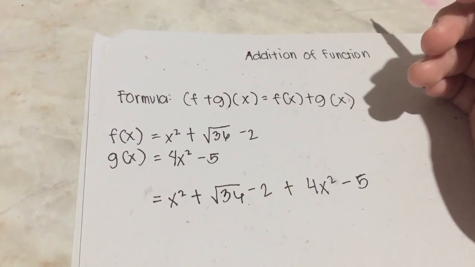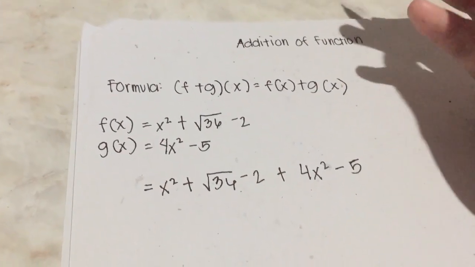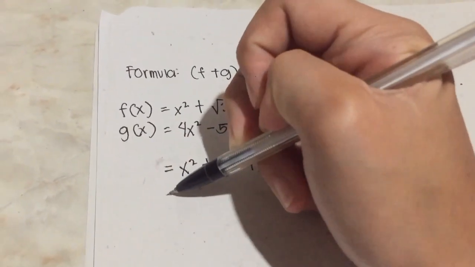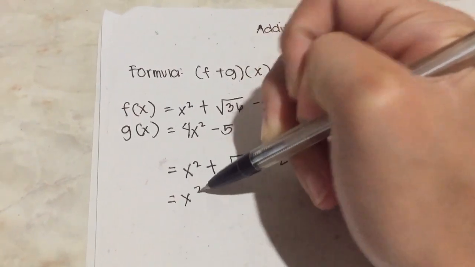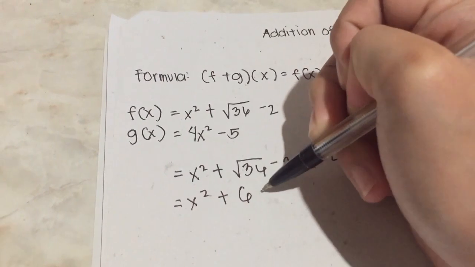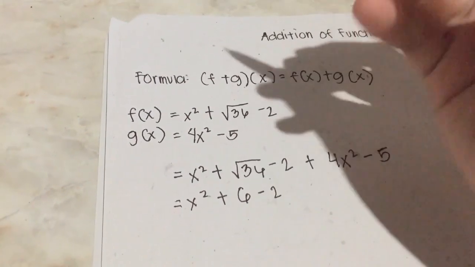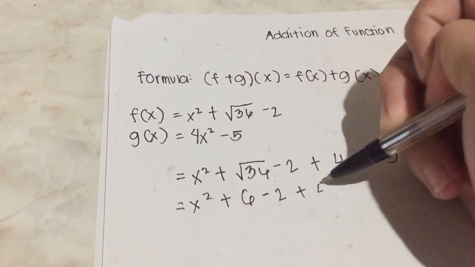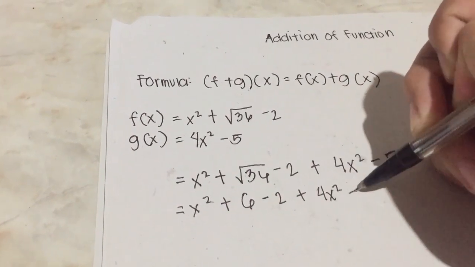We need to get the square root of 36. So x squared plus 6 minus 2 times 4x squared minus 5.